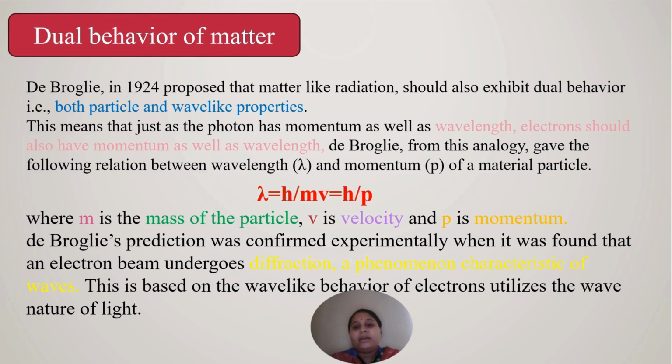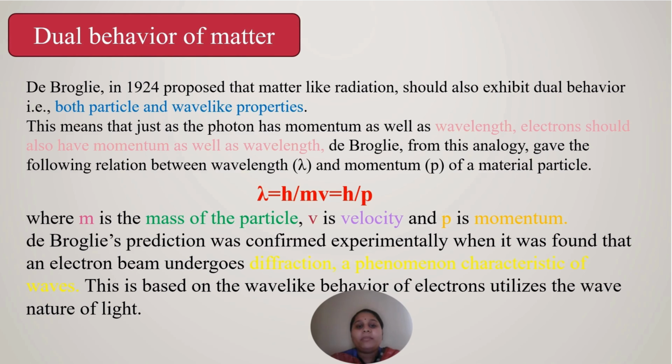So de Broglie gave the relation: lambda, that is wavelength, is equal to h by mv, where momentum p is equal to mv. So he gave lambda = h/p, where m is the mass of the particle, v is the velocity, and p is the momentum.